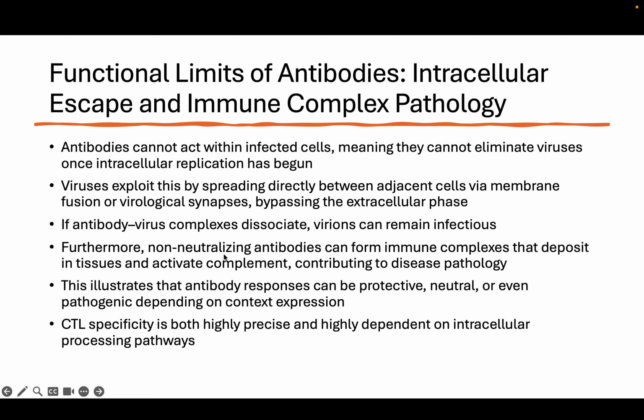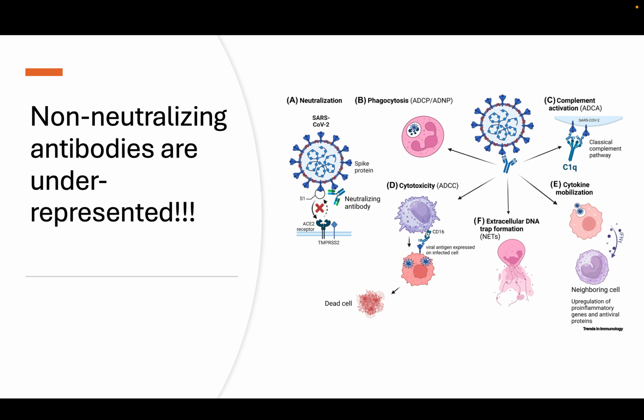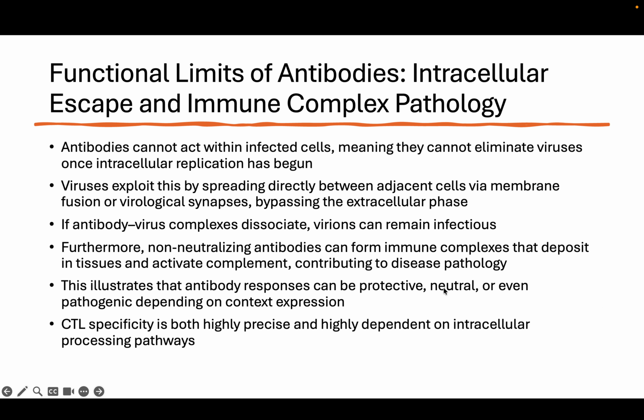But also what we see, specifically in non-neutralizing antibodies like IgG2 or 4, is that they do not do anything over here, and they can be very dangerous because they can further deposit in tissues, and they can be immunogenic in some sort of way.